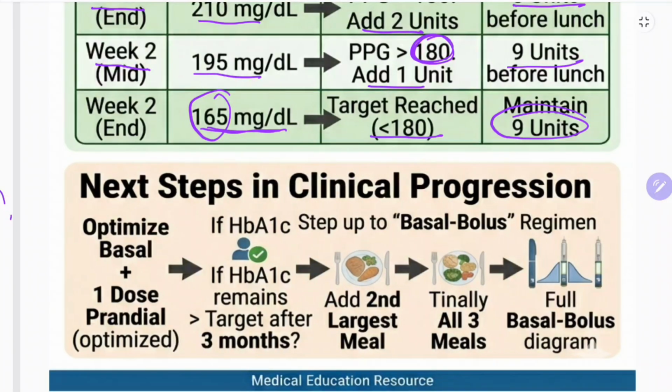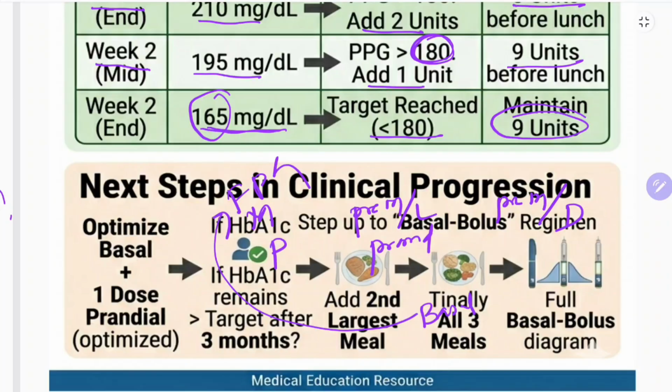And one thing we should always remember: the morning prandial insulin will affect the pre-meal glucose level of lunch, and the lunch prandial insulin will affect the pre-meal glucose level of dinner, and basal insulin affects the fasting plasma glucose. So accordingly we should titrate the insulins.